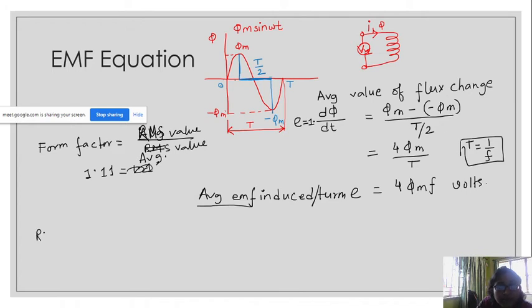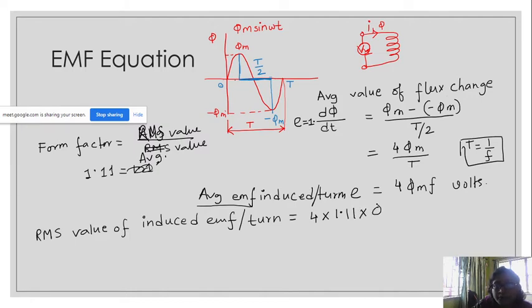The RMS value of induced EMF per turn equals 4 into 1.11 into phi m into f volts, right?